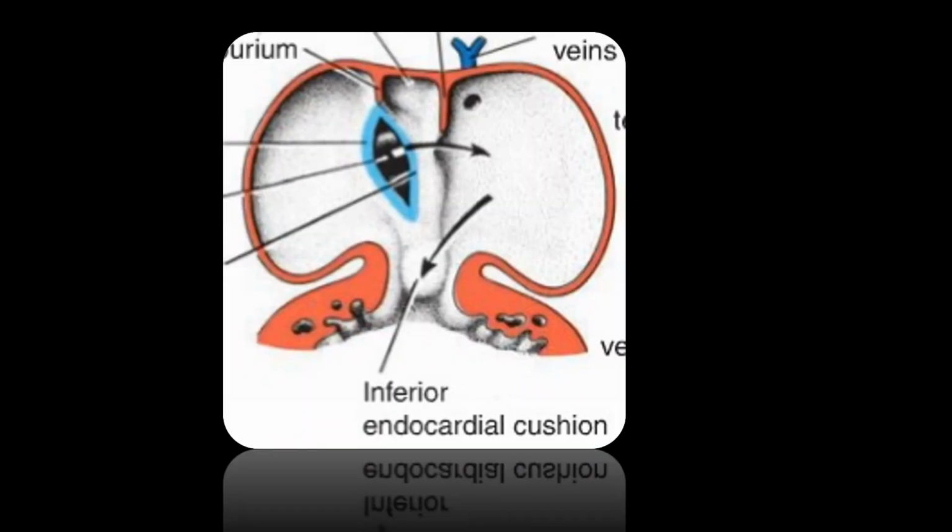So the septum intermedium divides the atrioventricular canal into the right and left atrioventricular orifice. Now at the 5th week, the dorsal wall of the primitive atrium.